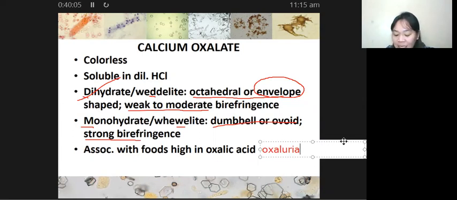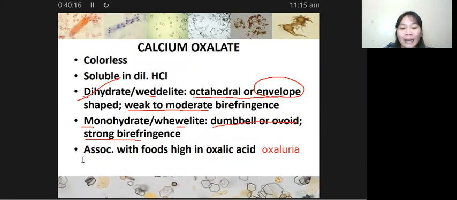There is an increase in oxalate absorption due to the ingestion of foods high in oxalic acid. So if there is an increase in absorption in your intestines, they will become available in the circulation and will be excreted out as part of your urine.